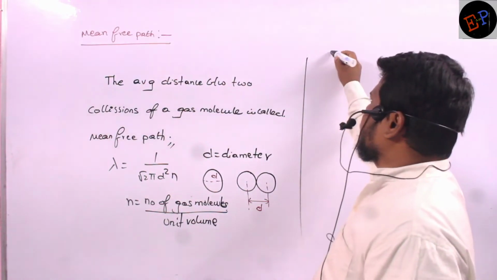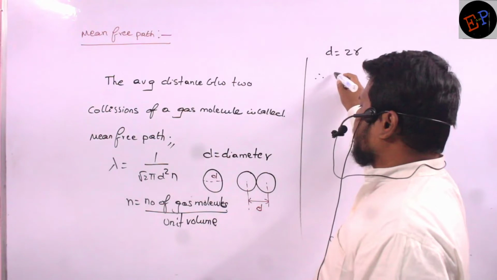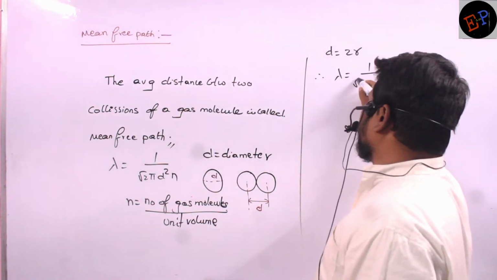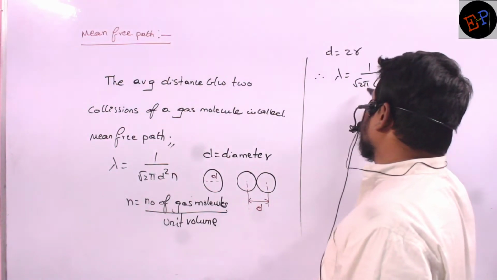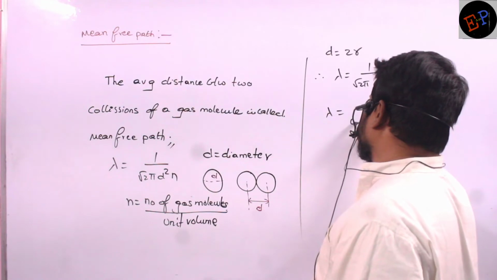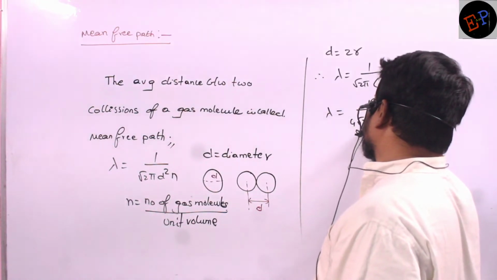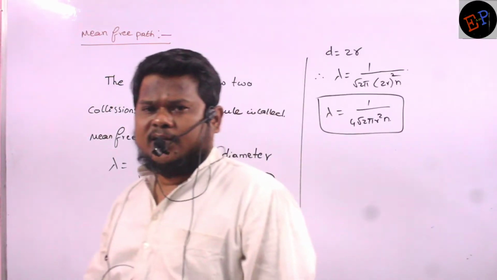We know that diameter is equal to 2r. So I can write 1 by root 2 pi, instead of d, 2r, multiplied by n. So pi d square becomes pi times 2r whole square. So lambda is equal to 1 by 4 root 2 pi r square into n. This is the equation to calculate lambda of a gas molecule.